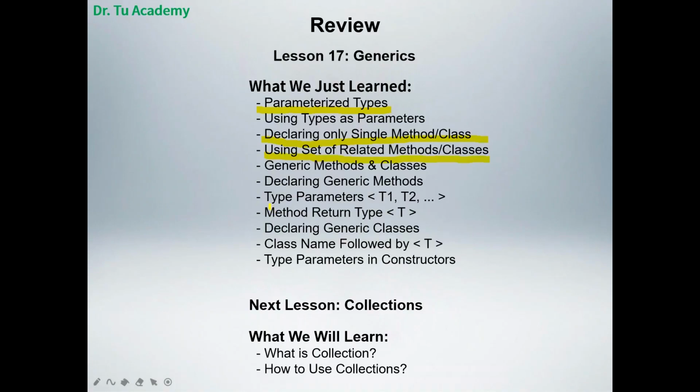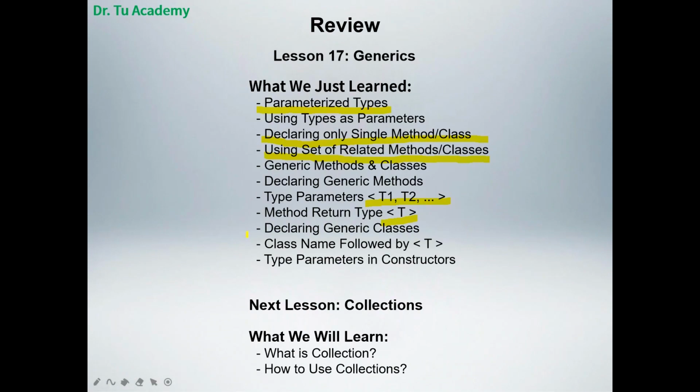So how to declare a generic method? Notice the angular brackets. The letters inside the angular brackets represent the data type. We also use the angular brackets with the capital letter inside it to represent the return data type.